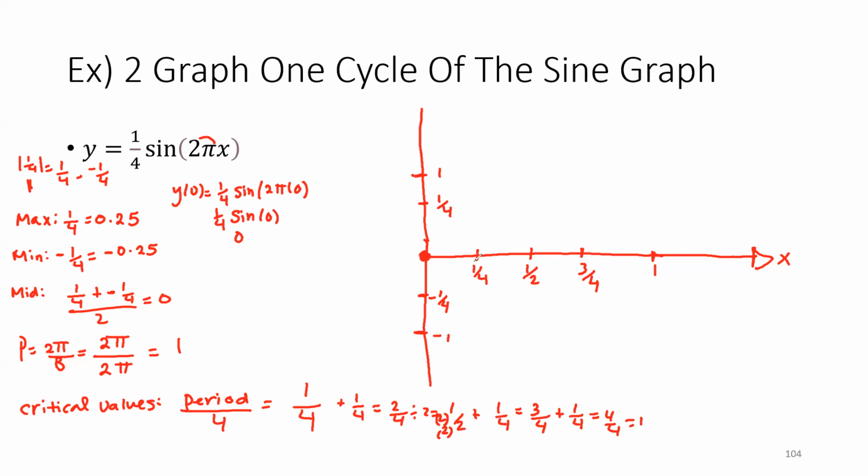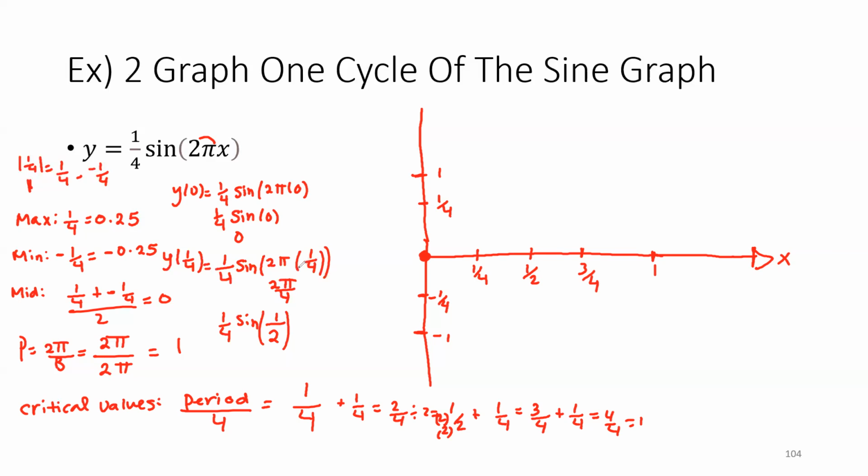And then let's plug in 1/4. Okay, so 2 pi times 1/4, that's 2 pi over 4, which can be reduced by 2, so that would be pi over 2.